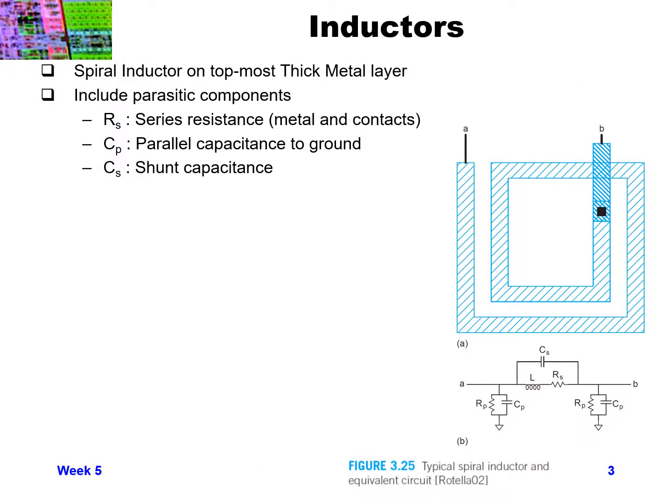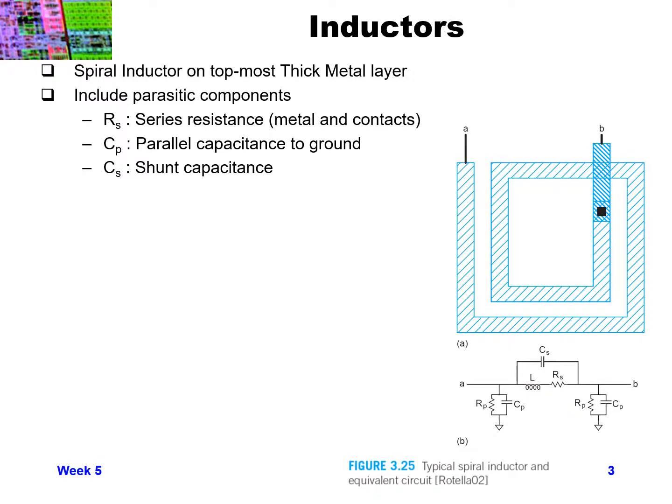And then of course one of the next circuit elements that is commonly needed but maybe a little bit less often than resistors and capacitors is inductors. Typically your inductor will be formed on your topmost thickest metal layer as a spiral, because the inductance value is going to be a function of how much area and how many spiral windings you have around that area in the middle of the inductor.